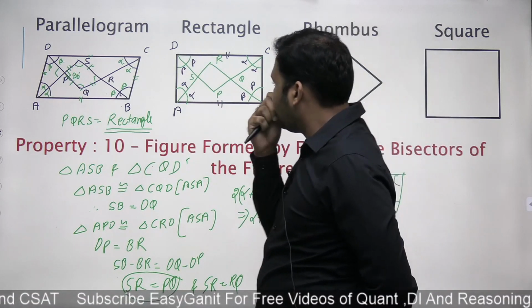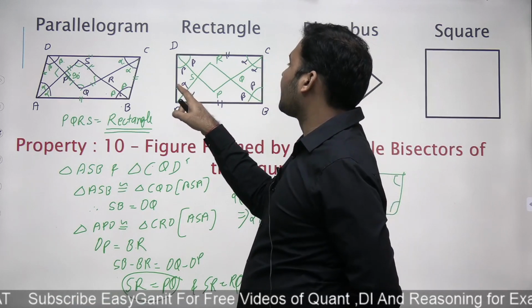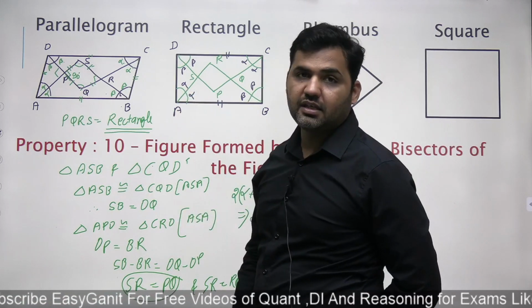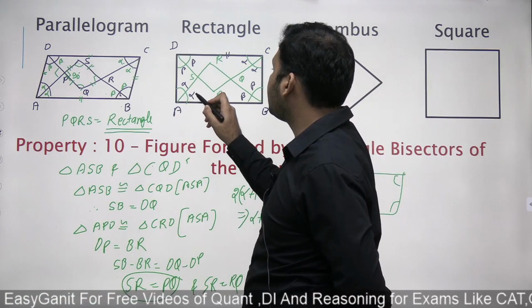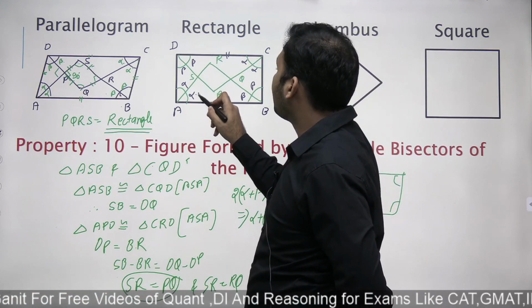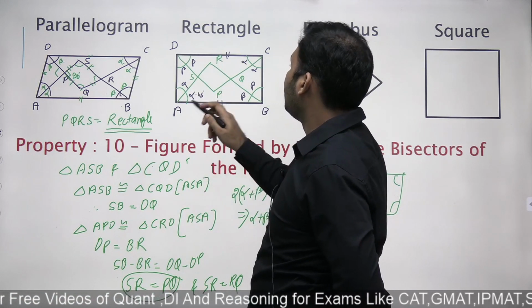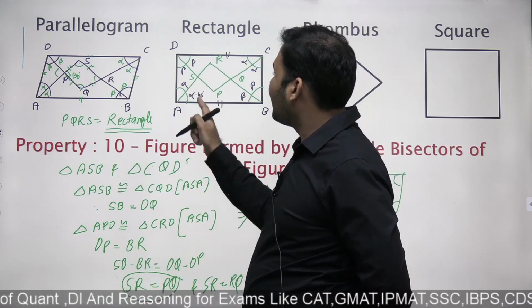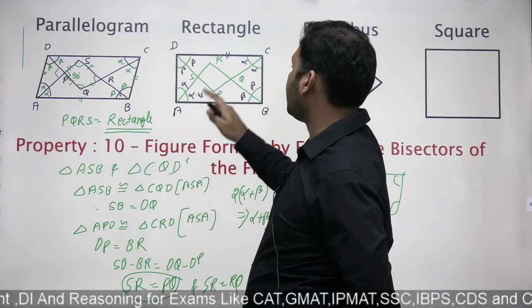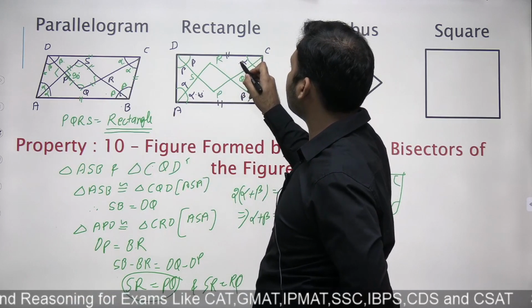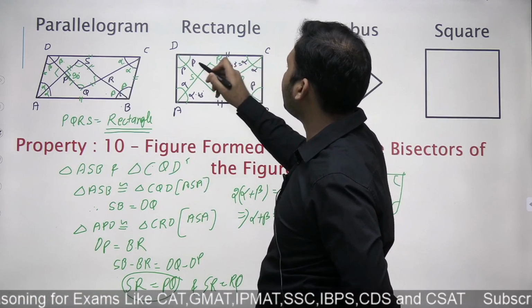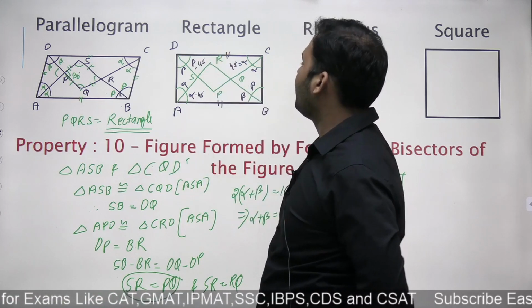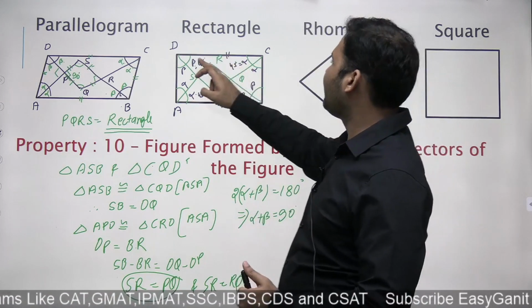And because in a rectangle the complete angle is 90 degrees, can I say that all of these angles are 45 degrees? So when I'm drawing the angle bisector in the rectangle, these angles will be exactly equal to 45 degrees. So all of these angles are 45 degrees. So you don't have to prove anything here. It's already proven here that this is 45, this is 45.